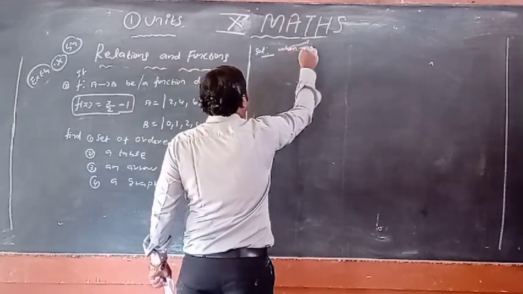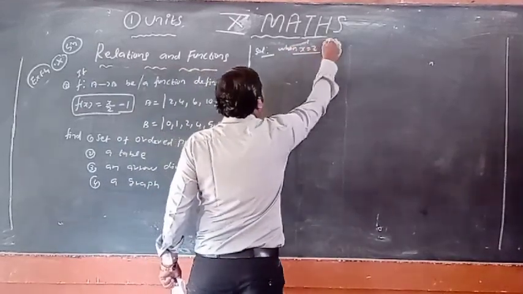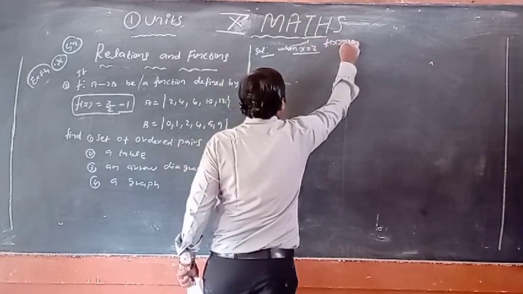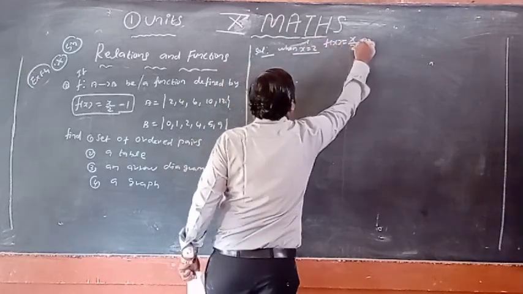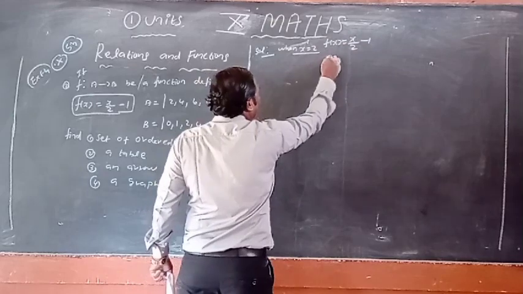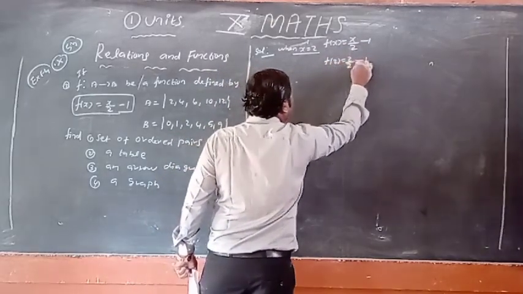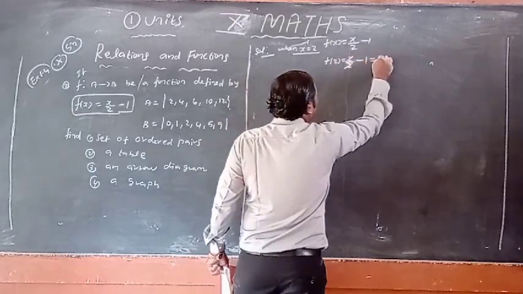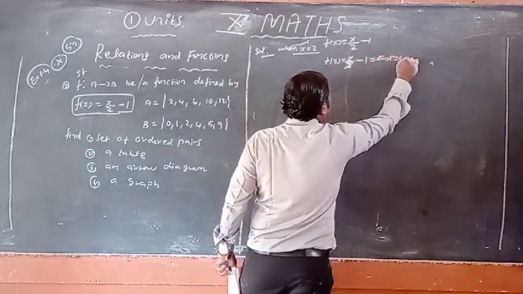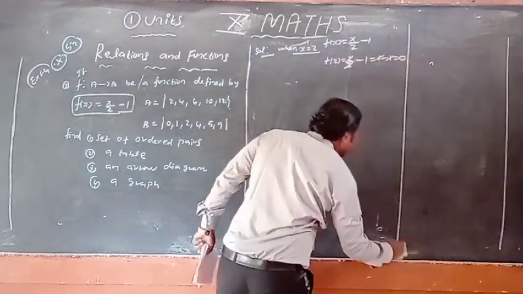When x equal to 2, f of 2 equal to 2 by 2 minus 1, which is 1 minus 1, so 0.